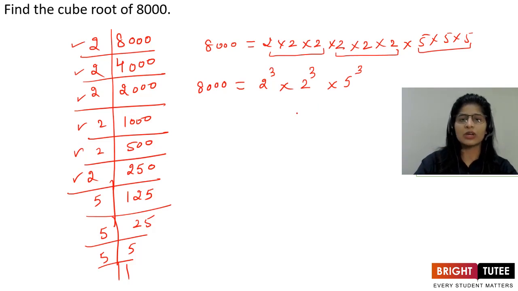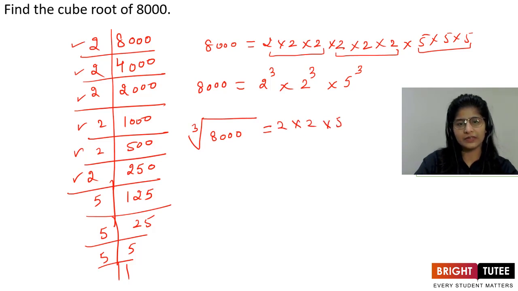Now we will not take the powers, we'll just take the prime factors, and we write cube root of 8000 is equal to 2 cross 2 cross 5, that is 2 twos are 4, 4 fives are 20. Is that clear? So this is how we find cube root using the prime factorization method.